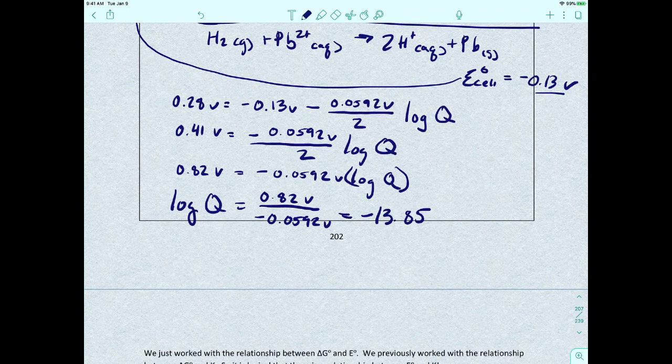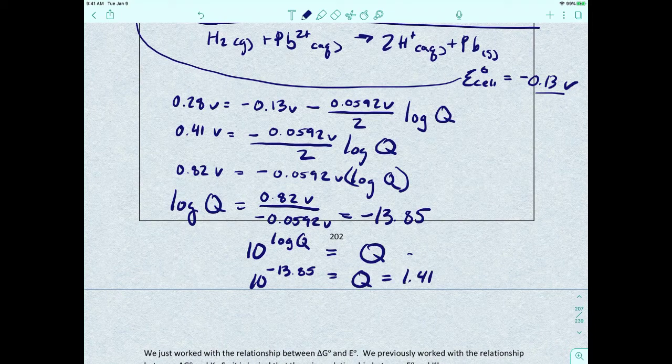All right, so now if we try to take Q, if we undo the logarithm to get Q by itself, 10 to the log Q is going to get us Q by itself. So basically what we're going to do is 10 raised to the negative 13.85 gets us Q. And so that's going to give us a value of 1.41 times 10 to the minus 14th.